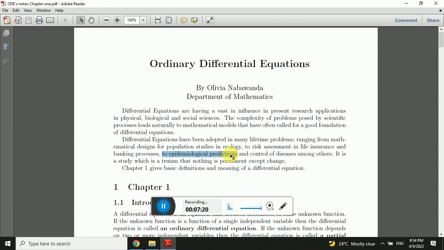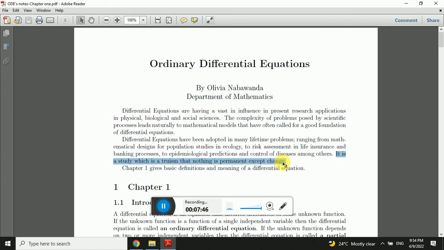All those diseases, researchers are able to predict what will happen or come up with solutions using differential equations. And basically, differential equations is a study which is a truism that nothing is permanent except change.